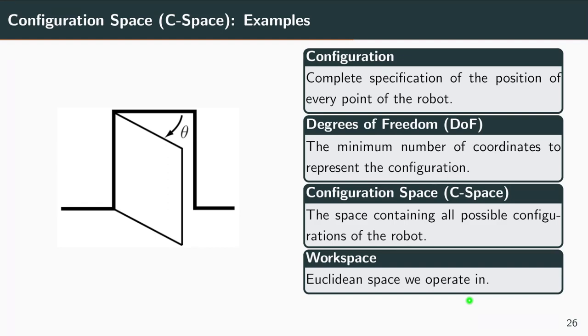The configuration would be the angle theta. Mm-hmm. And the door has 1 degree of freedom. And then the C space would depend on how far the door opens, so 0 to pi, I guess. Or maybe not pi, but somewhat close. Yeah. And workspace?